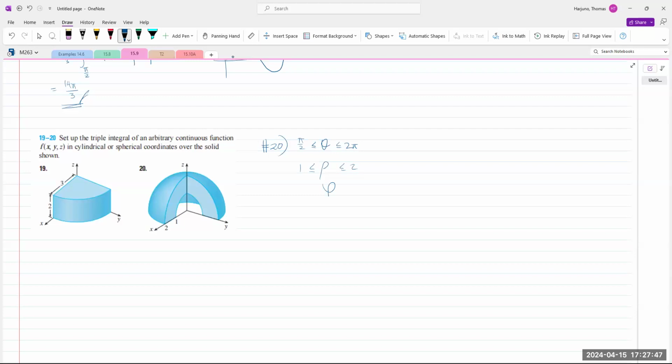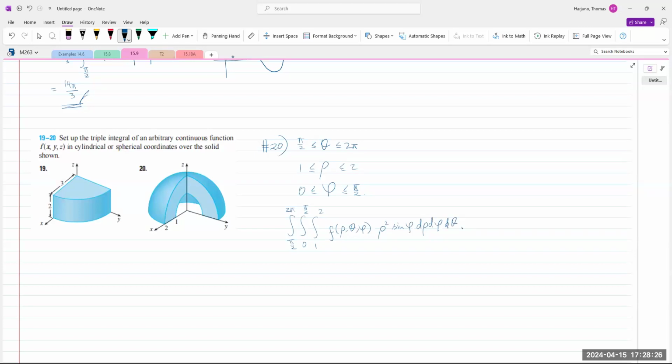But how about the phi? The phi is from 0 to pi over 2. So the triple integral will be from pi over 2 to 2 pi, and then the phi is from 0 to pi over 2, the rho is from 1 to 2 of f(rho, theta, phi) rho squared sine phi d rho d phi d theta.